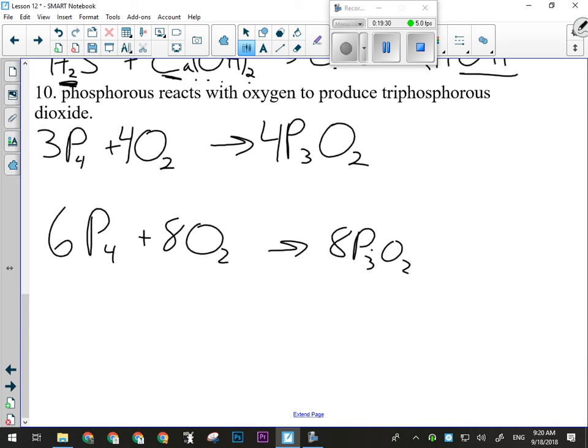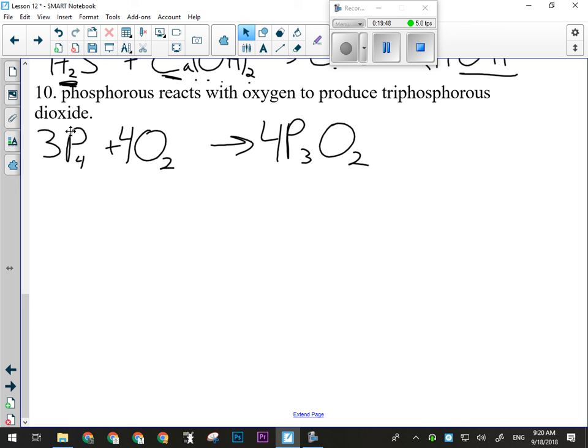Can I reduce those? While that is balanced, it's not the lowest form. It doesn't happen often, but it happens once in a while. So always check if you can reduce your numbers down.